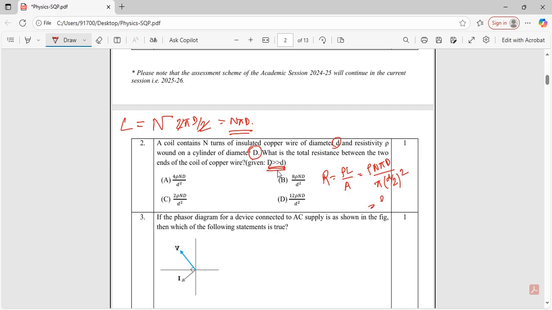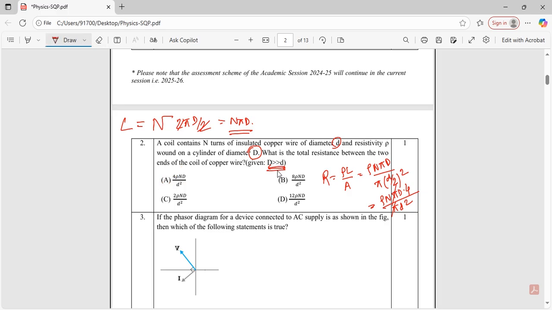Finally we get n pi D times 4 by pi d squared. The pi cancels, and we get 4 rho n D by d squared. That's the answer.